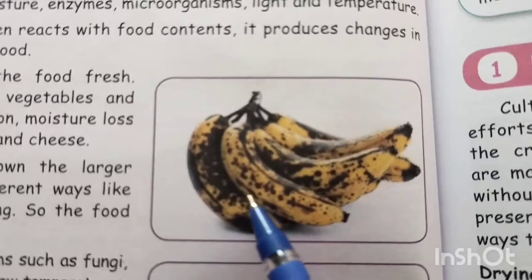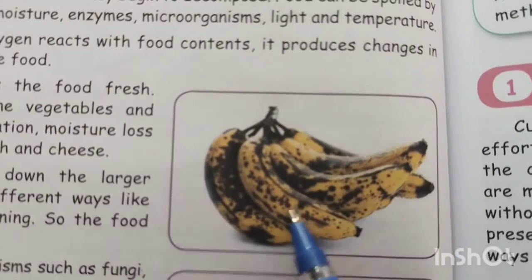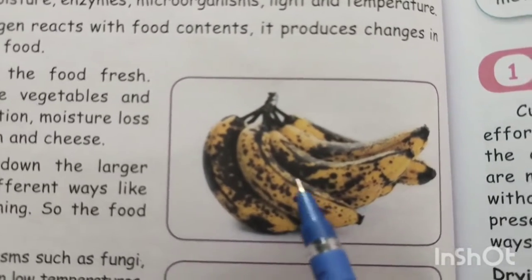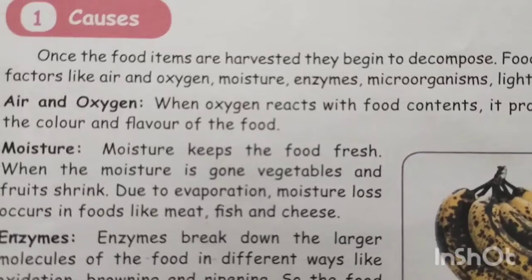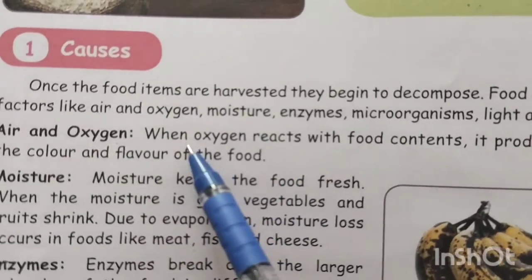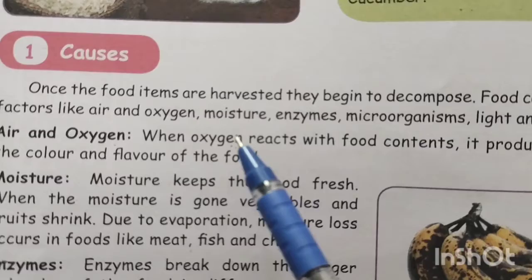Students, now look at this picture. What is this? This is a banana, a spoiled banana, isn't it? The color and flavor of the banana has changed. How did it change? Because of air and oxygen. Oxygen is one of the gases present in the air.